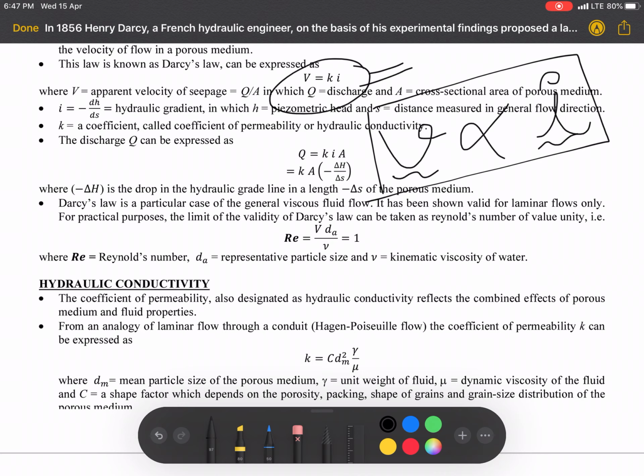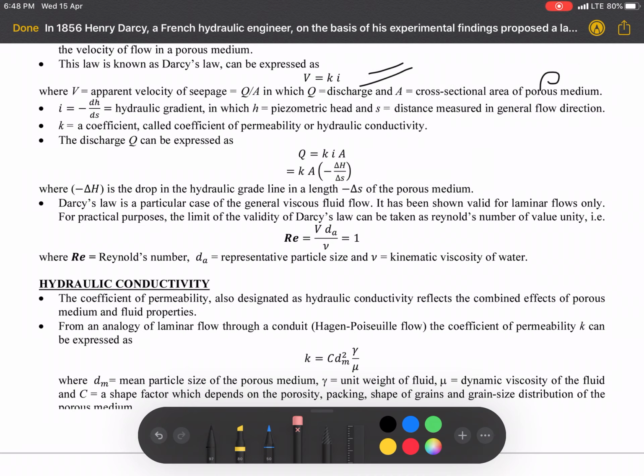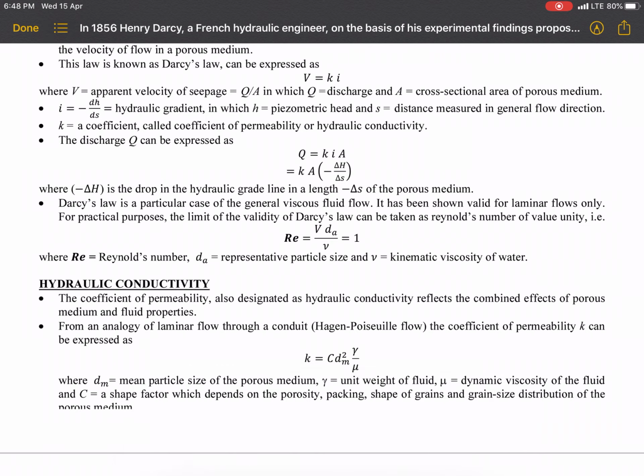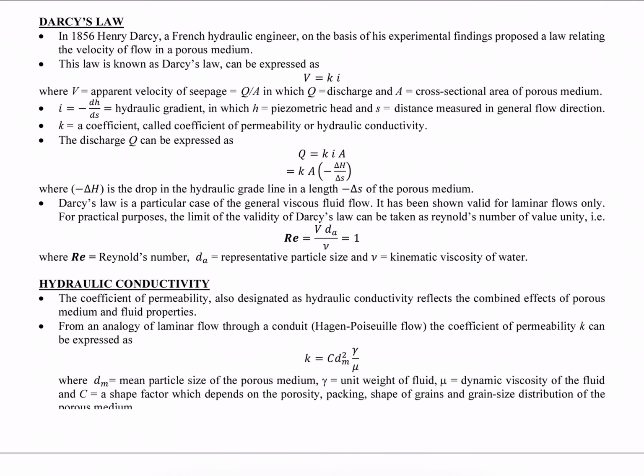And if you open the valve only slightly, so that the water comes very slowly, the reduction in head will also be very slow. So this is a very practical observation. This was observed by Darcy, and he stated the law which was named after him. He was a French hydraulic engineer, and on the basis of his experiments he derived this formula.